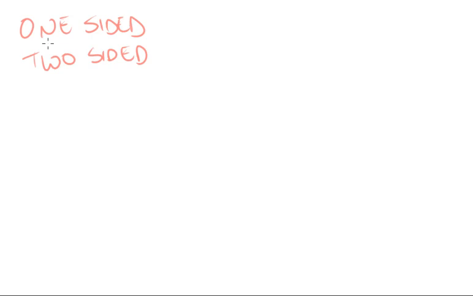Okay, so with one-sided limits, you can either approach the point in your limit from the left or from the right. The limits that we were dealing with before, we were coming from the left most of the time, but if you came from the right, it would have given you the same result.